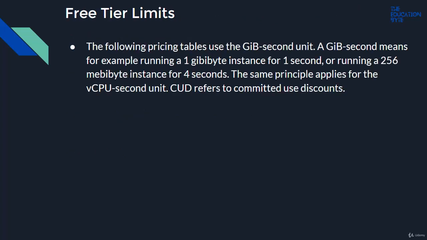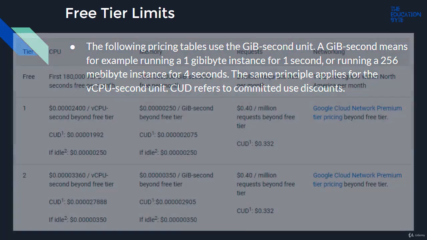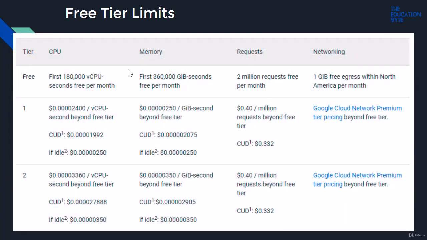There is the following table which uses the gigabyte-second unit. A gigabyte-second means a 1 GB instance for 1 second, or running a 256 megabyte instance for 4 seconds. We won't bother around the definition of these, but take a look at this table, and we're concerned with the first row, which is the free tier.